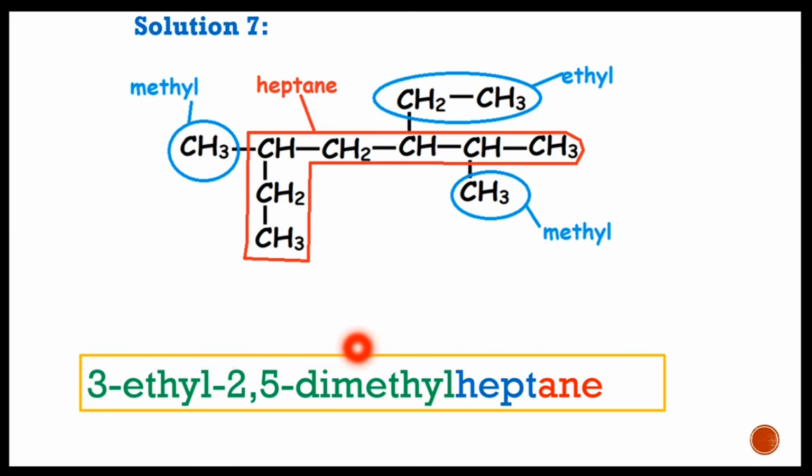You look at the M, you don't look at the D. So ethyl still comes before methyl. Regardless of the D in front of it, you go for ethyl first and then methyl. The D is just a prefix for your 2 substituents. Okay, so it's going to be 3-ethyl, 2,5-dimethyl heptane.